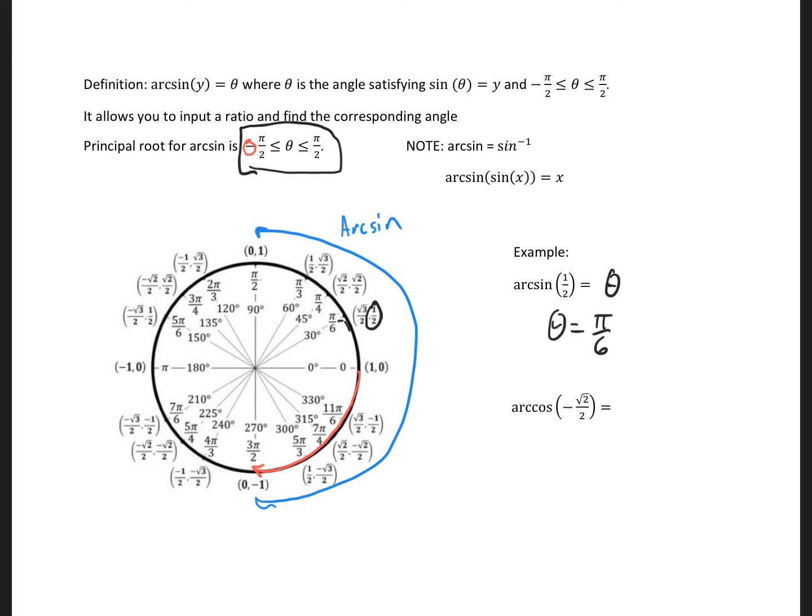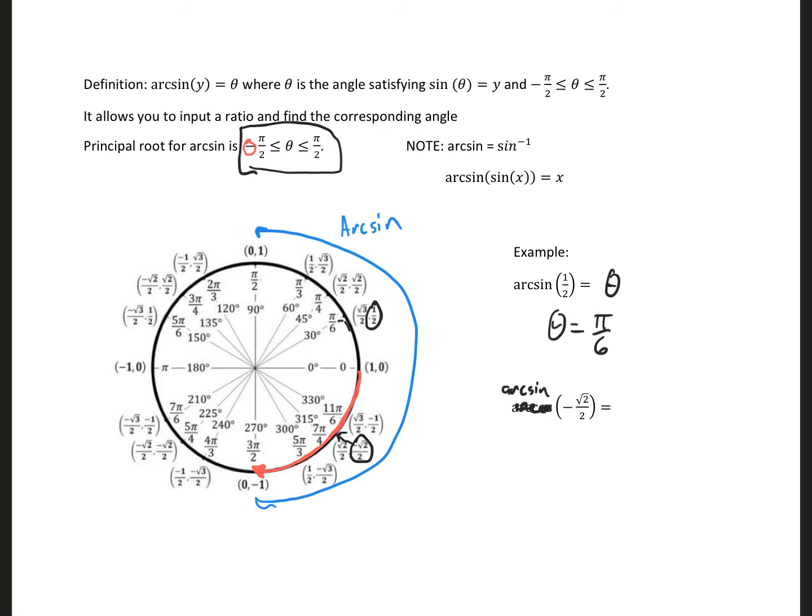Okay, since we're working with arc sine, let's swap this out. Let's make this arc sine of negative square root of 2 over 2. So this is saying, where is the y-coordinate negative square root of 2 over 2? And that would be right here. Traditionally we'd call that 7 pi over 4. But we're thinking about angles in this red region here as negative angles.